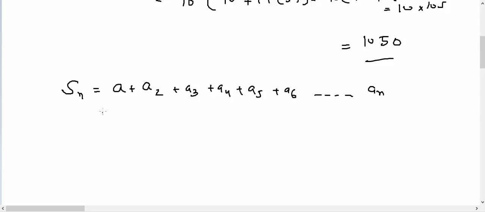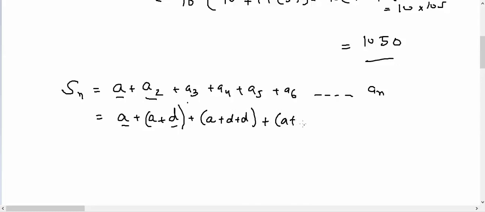We know that the first term is represented by a. The second term can be found by adding the common difference d to the first term, the third term can be found by adding the common difference twice to the first term, and the fourth term can be found by adding the common difference 3 times to the first term, and so on.